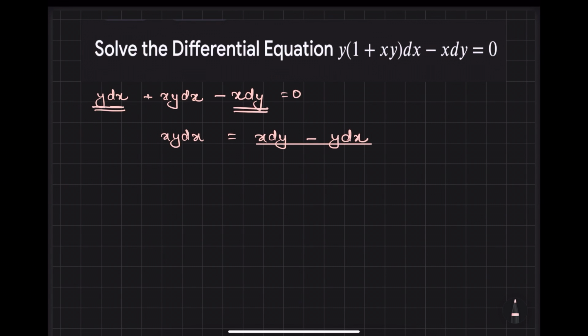So if the numerator is y, the denominator would be x, and if the denominator is x, you have to write the denominator's square.